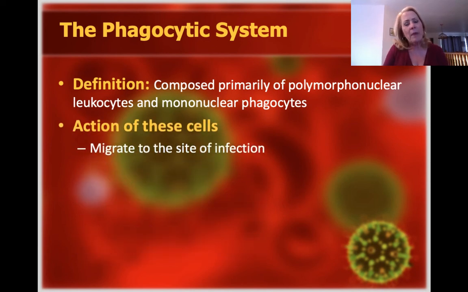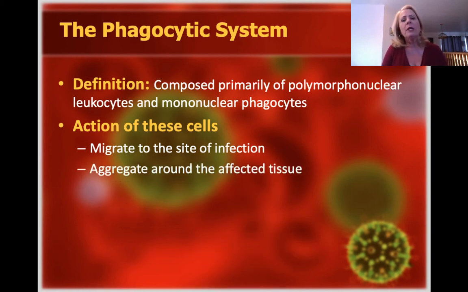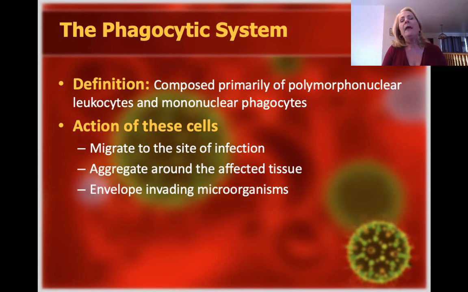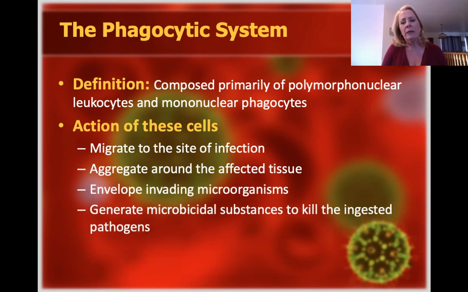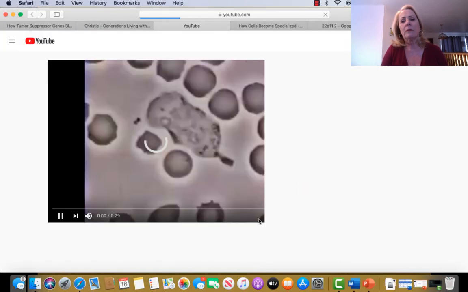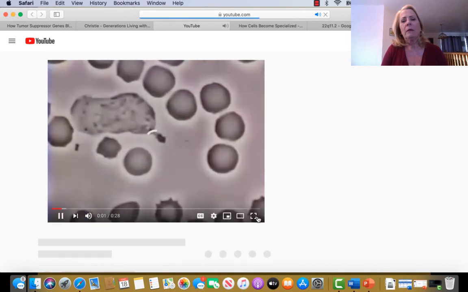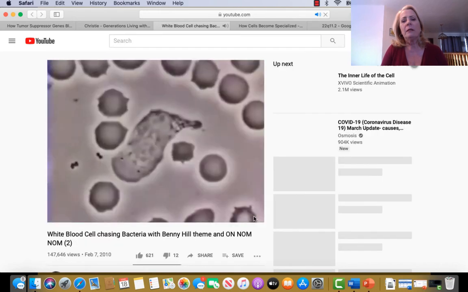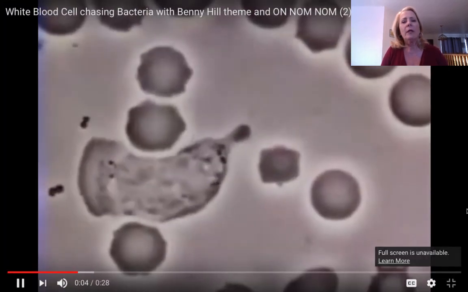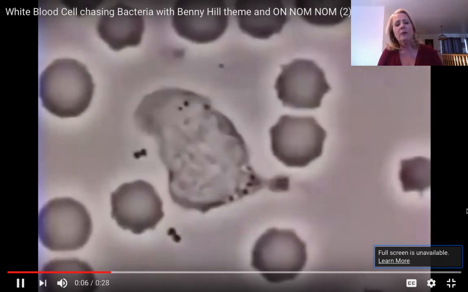These cells migrate to the site of infection, they aggregate around the affected tissue, and then by phagocytosis they envelop it, and then they're able to destroy it. I thought maybe you'd like to watch this because this is kind of cute. This is a phagocyte following a bacteria moving around in the system.